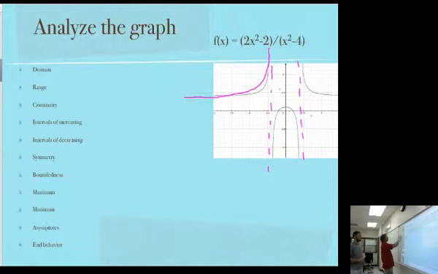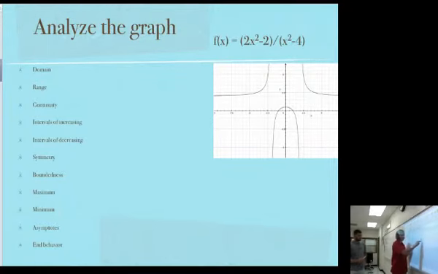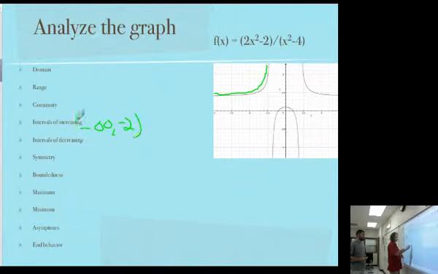Oh, we're not done yet, are we? I got excited. Sorry. So where is this graph increasing and where is it decreasing? Well, if I take my pen and I follow the graph right here, is the graph going up or down? Up. So it's increasing from -infinity till we get to, what did we decide that was, -2? -2. Okay, so -infinity till we get to -2. And now I'm following my graph again. What's it doing? It's going up. It's going up until there, then it starts to go down.